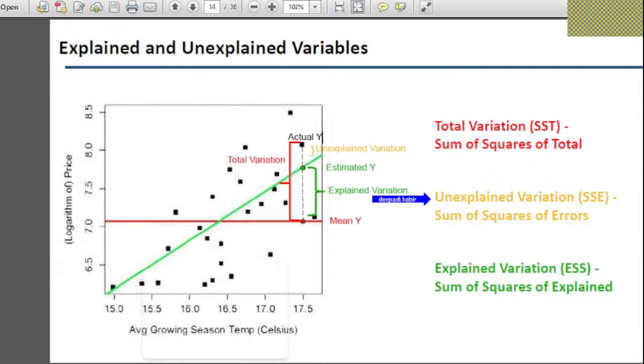Of course, first of all understand this: I cannot pass a single straight linear line through all of this scatter. So gone is that case if you think I'll pass a line through all of them and there will be no variation. We are right now doing a linear model. Okay. So I can pass a best fit line, and the best fit line will be the one which will show the minimum unexplained variation or maximum explained variation for all the data points. Yes, everyone agrees with this.